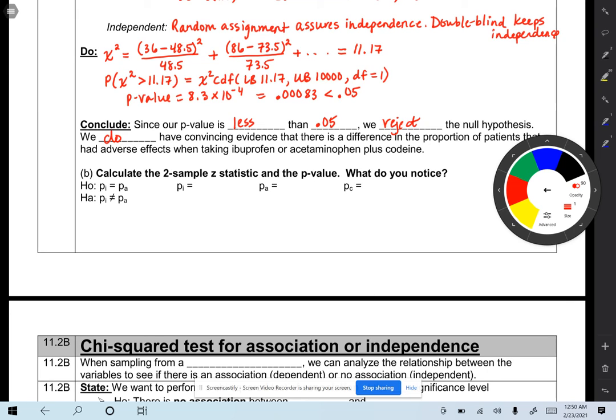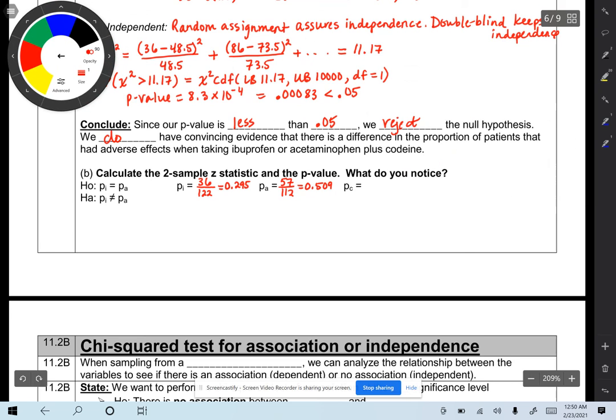We're just dealing with adverse effects. So adverse effects for ibuprofen would be 36 divided by 122. So that's our proportion, and that is 0.295. And for acetaminophen, it's 57 over 112, which is 0.509. And then we pool our values together.